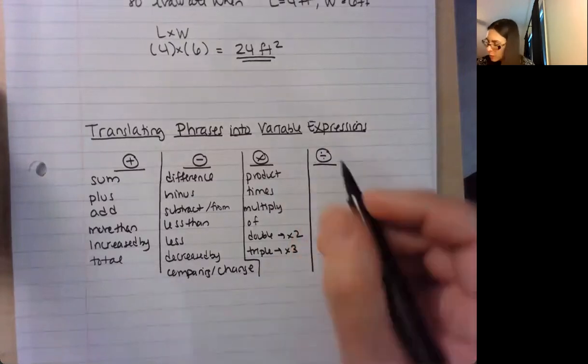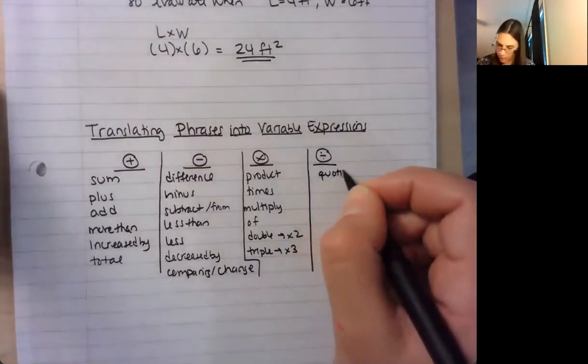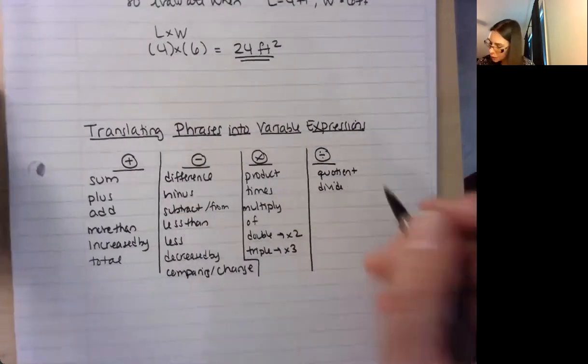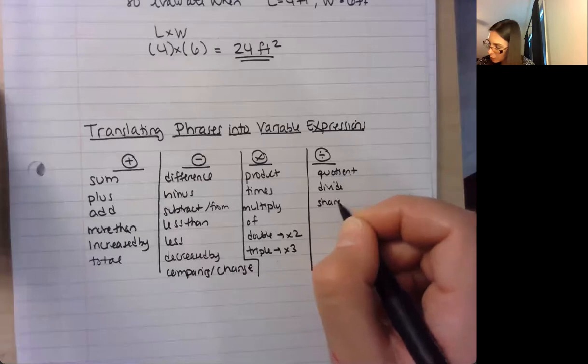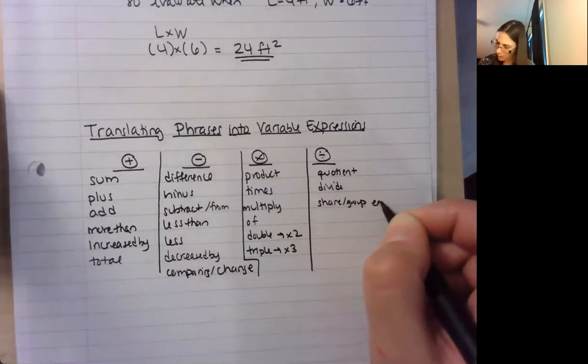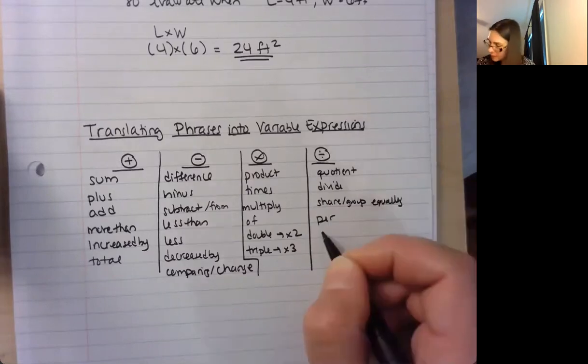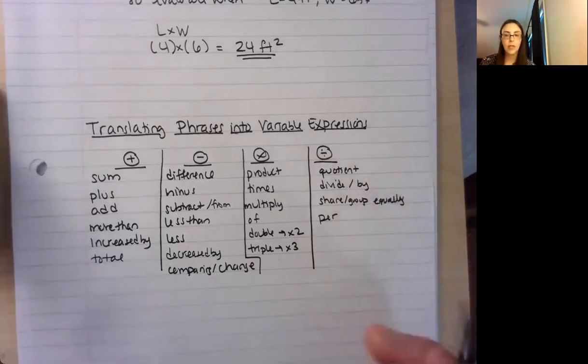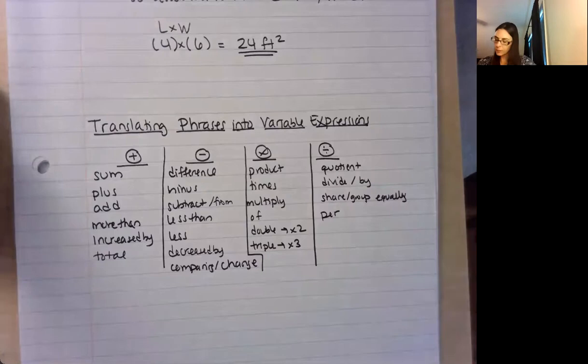And for division, we saw quotient, obviously divide, sharing, or grouping equally. The word per, divide or divided by as well, etc. So any sort of equal grouping there.